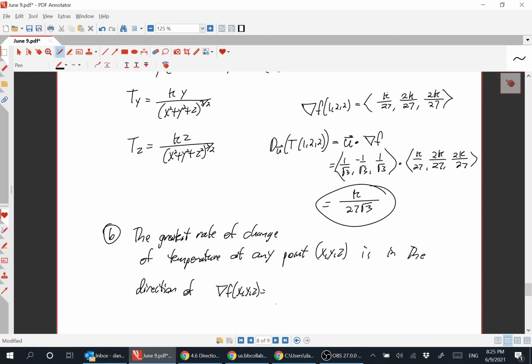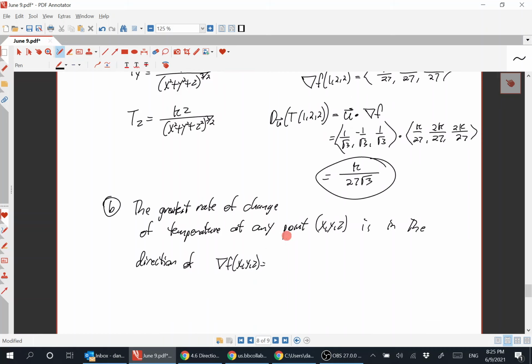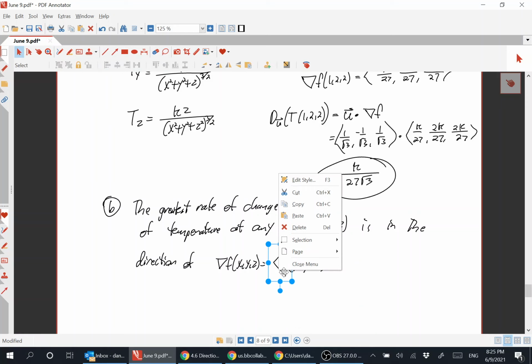But the gradient of T in terms of x, y, z is k times x over (x squared plus y squared plus z squared) to the 3 halves, and for the other components, it's just y and z over that same expression.